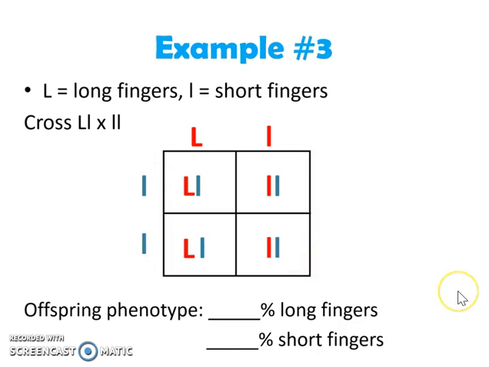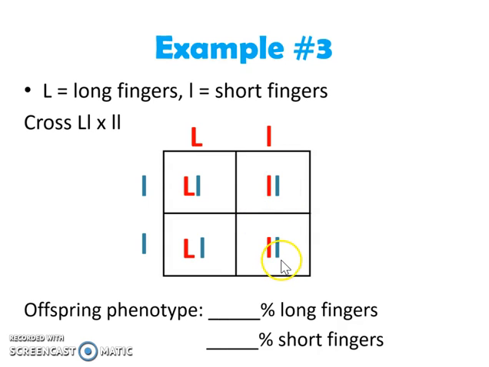Okay, so now that we have put in our squares, let's look at our probabilities. So this one has a big letter, this one has a big letter. So if they have the big letter, the capital letter, it will be dominant. So that means these two offspring will have long fingers.